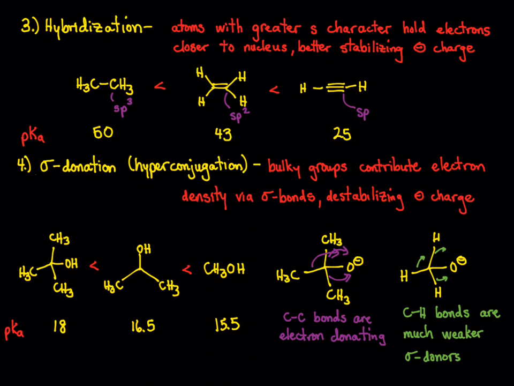This is destabilizing to that negative charge. On the contrary, sigma carbon-hydrogen bonds are weaker sigma donors, and thus do not destabilize the negatively charged oxygen atom as much. As a result, the methoxide anion is more stable, and methanol is more acidic.